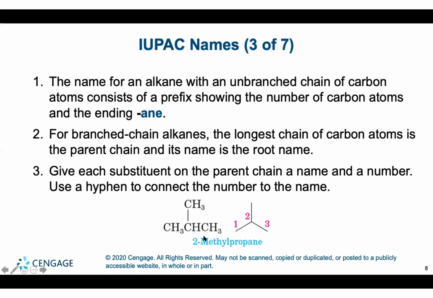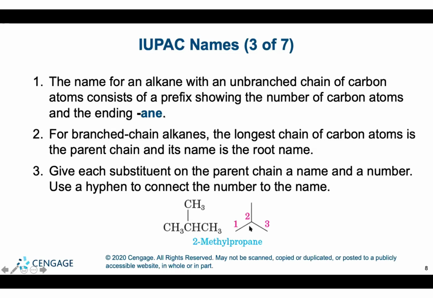I will tell you in a bit that even though we can number it from here, 1, 2, 3, we're still gonna have the same name. So let's focus on numbering from the left, 1, 2, 3. Then I have three carbon, which is prop. It ends with ane, propane.